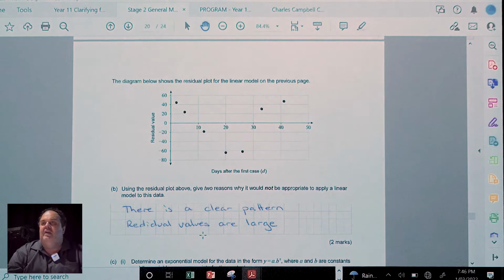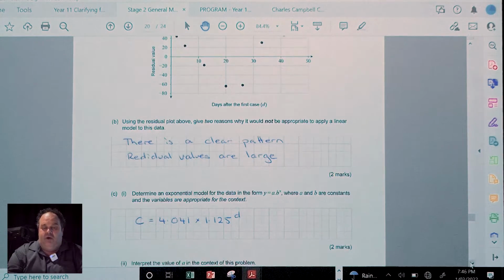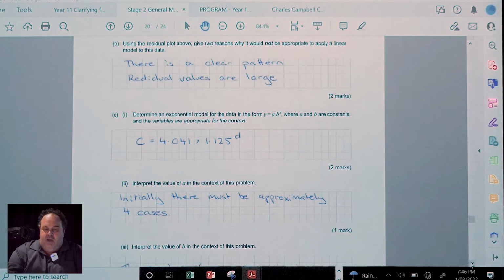Are they large, therefore we wouldn't accept it? And I think, you know, Hazy has a couple of questions right at the start of this where they ask, why wouldn't this one be acceptable? And it's because the residual values are large compared to that. I really like that as a question. It's a good way to test students' knowledge of residual plots.